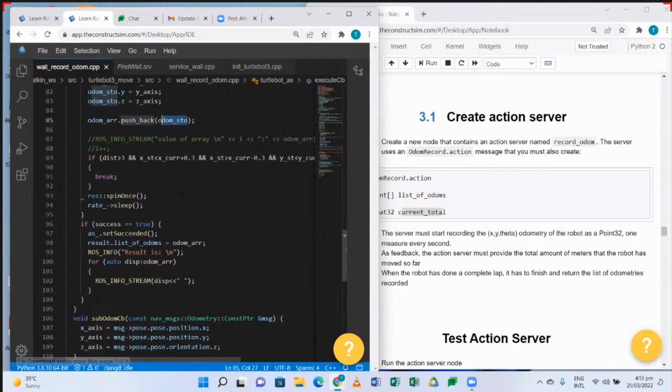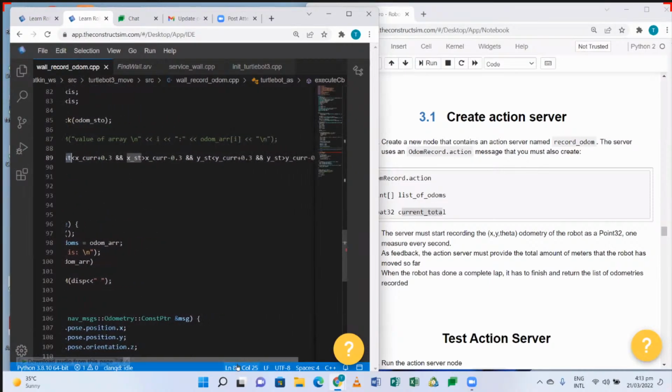Now here I have done this: if the distance is greater than 3, it means that it has traveled a distance of 3 meters, and the x current value is in between the x start plus or minus 0.3.